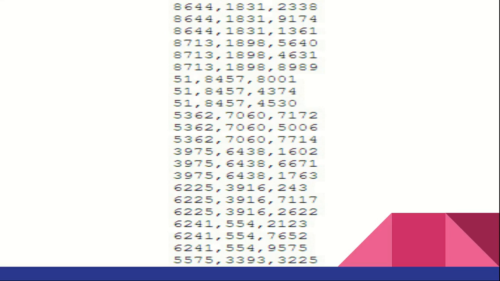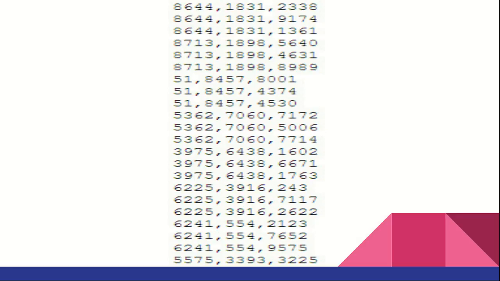This is an example of a negative sample file. In the first line, we can see 8644. The first word is the one the author has collaborated with. So the author with an ID of 8644 has collaborated with an author of ID 1831 and not collaborated with an author of ID 2338.